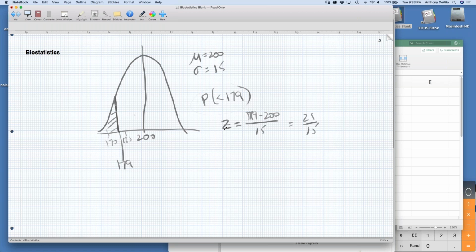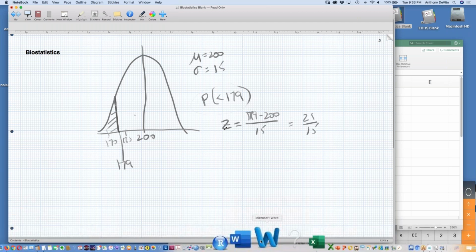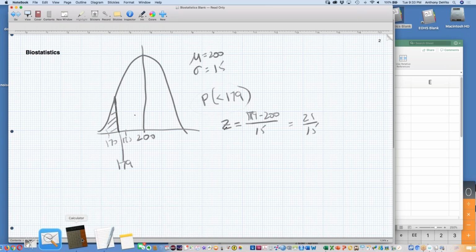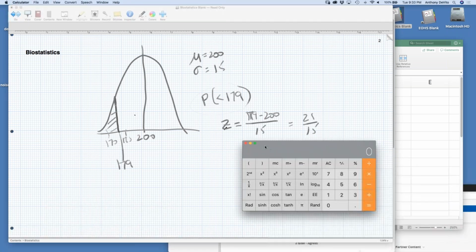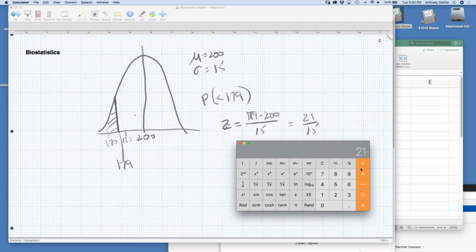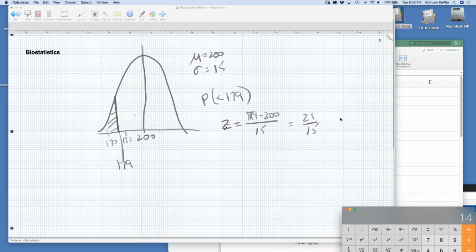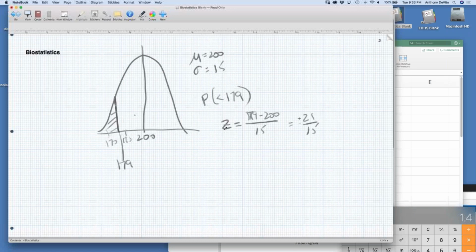You actually have to get a calculator out to do that. 21 divided by 15 is equal to 1.4. So that is negative 1.4. Remember, this is negative because I'm subtracting from a larger number. It is equal to negative 1.40. That is our z-score. That's the number of standard deviations below the mean.